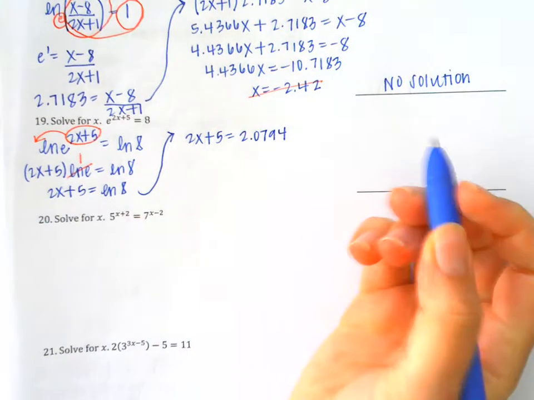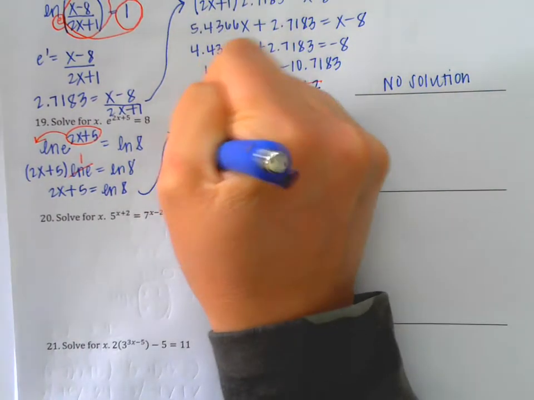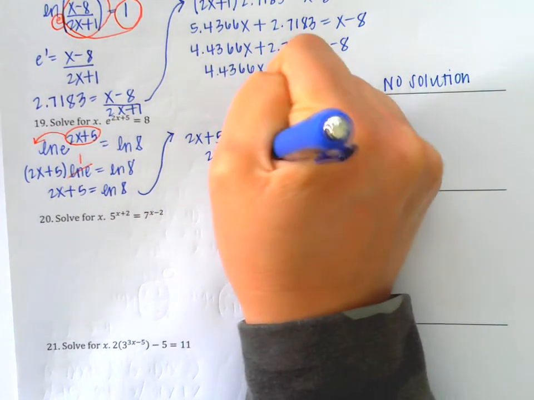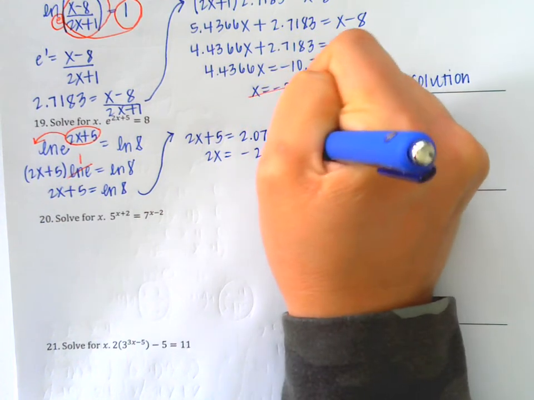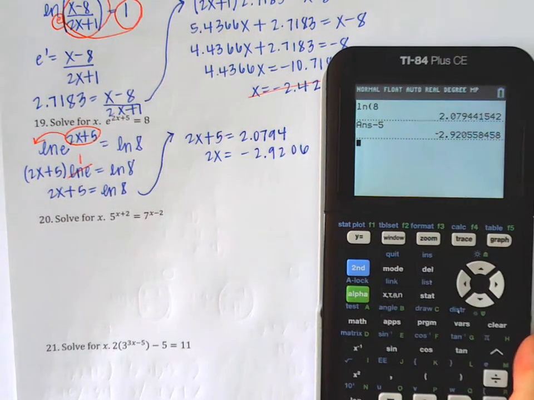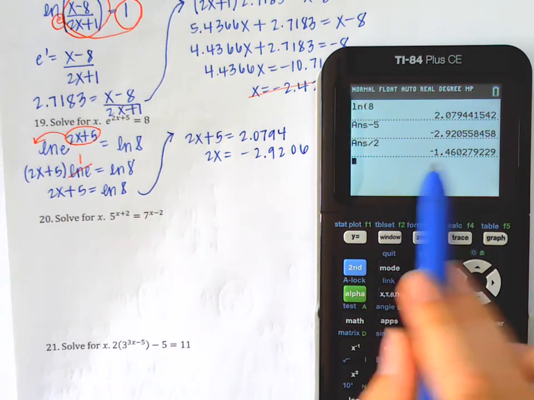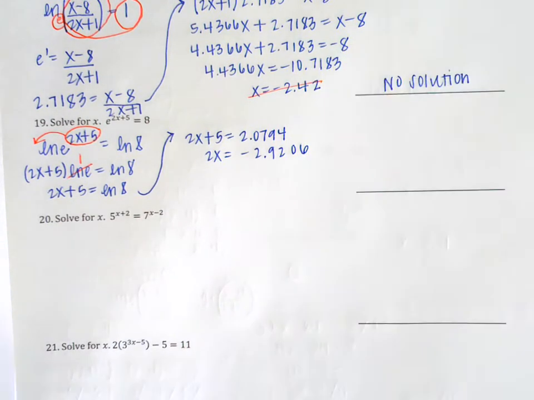I'm going to subtract 5 from both sides. I'm just doing a lot of this in my calculator, and then I would divide by 2. And I get x equals negative 1.46.